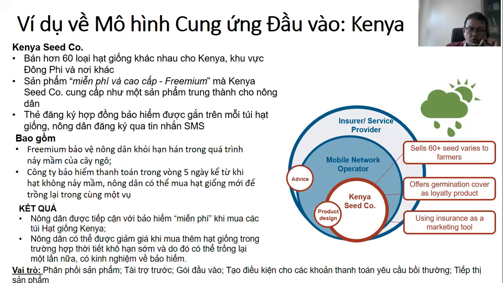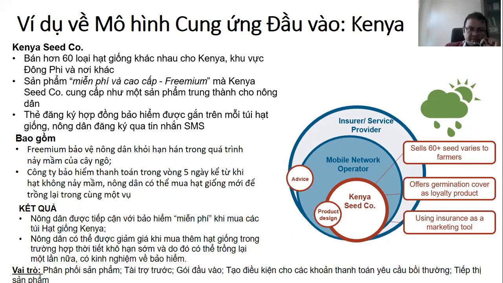Essentially, what was being covered is failed germination after they've bought their seed. So if after buying the seed there was a drought or a dry spell in the first month or so, that could trigger a payout.